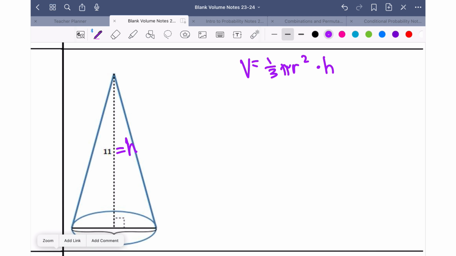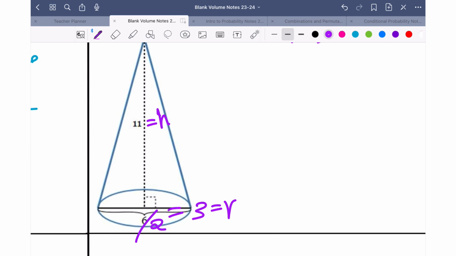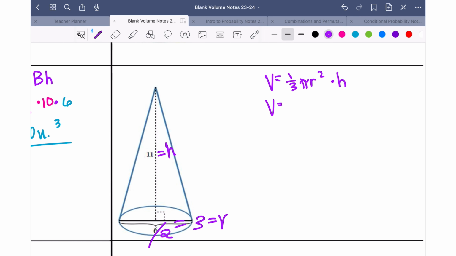What's the radius? 6 is the diameter. It's clearly showing you it's going along the whole circle. So half of 6 is 3. So your radius is 3. Okay. All right, let's plug it right in. Volume equals 1/3 pi radius of 3 squared.